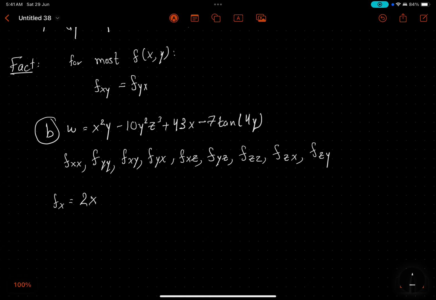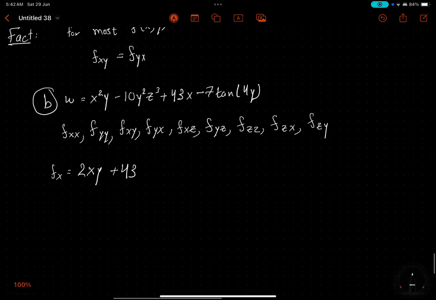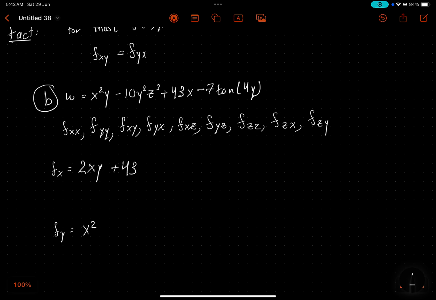So this is gonna be 2xy plus 43, and then fy is gonna be x squared minus 20yz to the 3, minus 4 times 7 says 28, and then the derivative of tan, which is times 1 over 1 plus 4y squared. Let's double check.